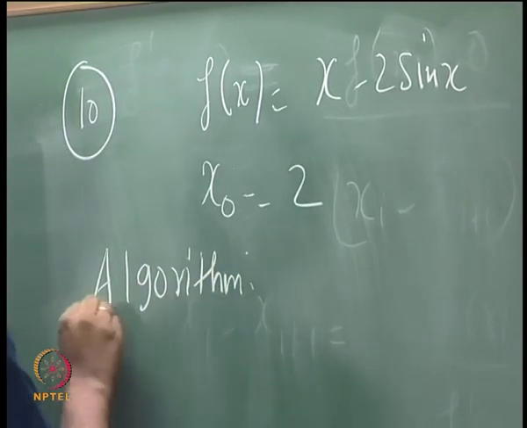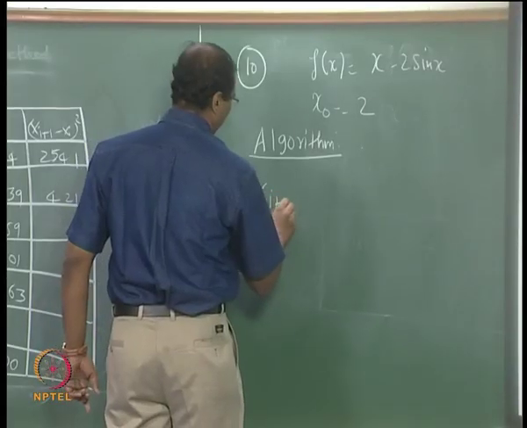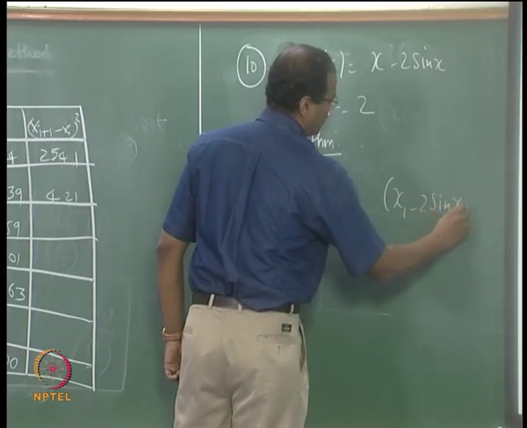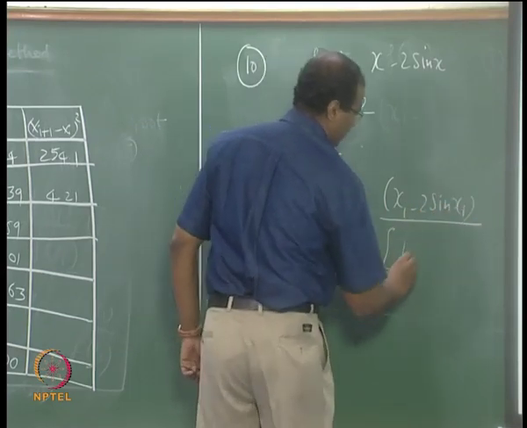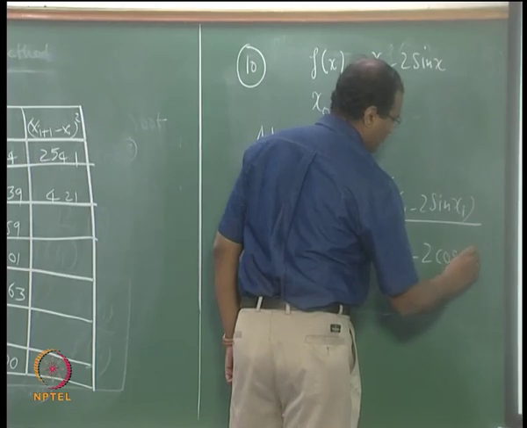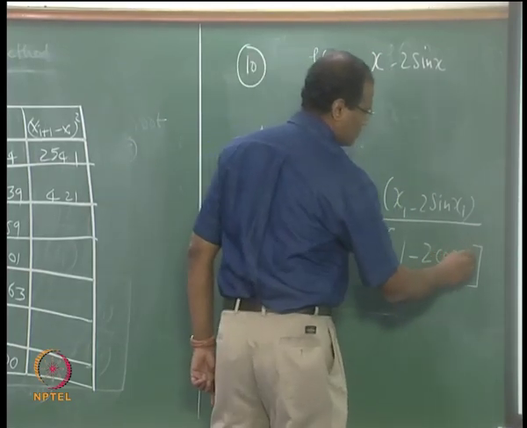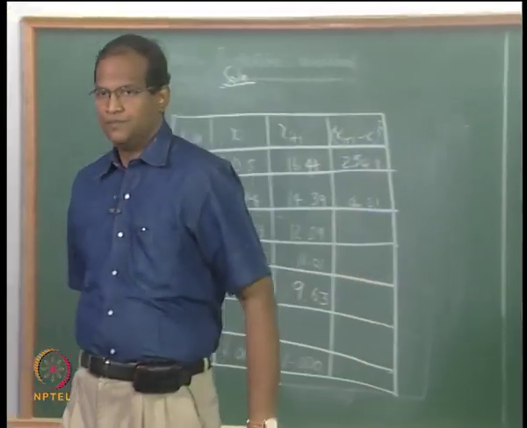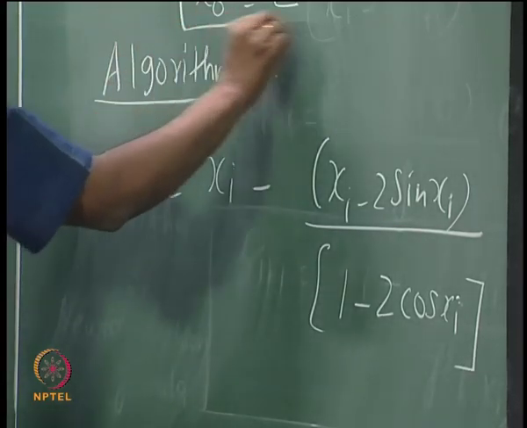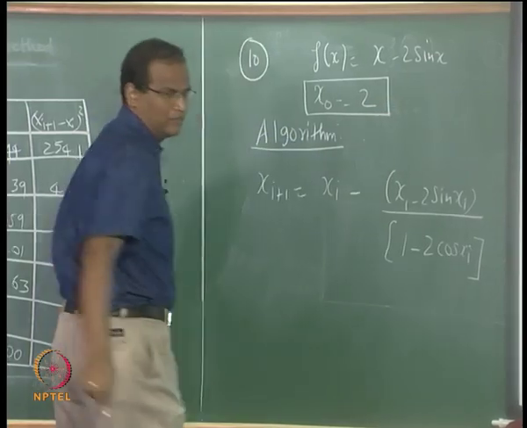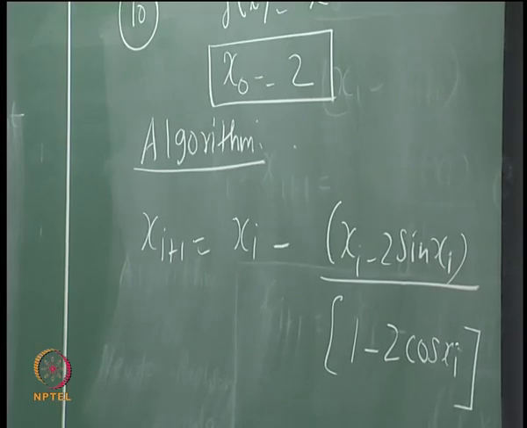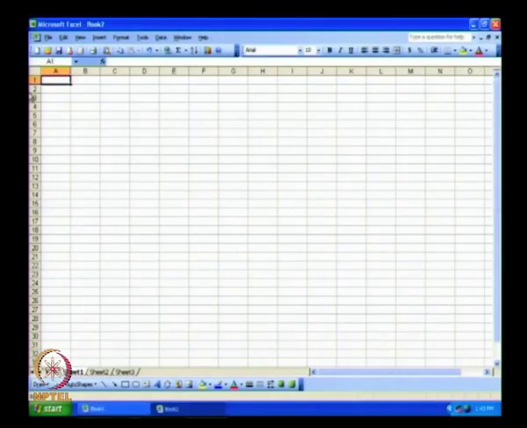So what is the algorithm? One minus 2 cos xi, right? I will plot this.